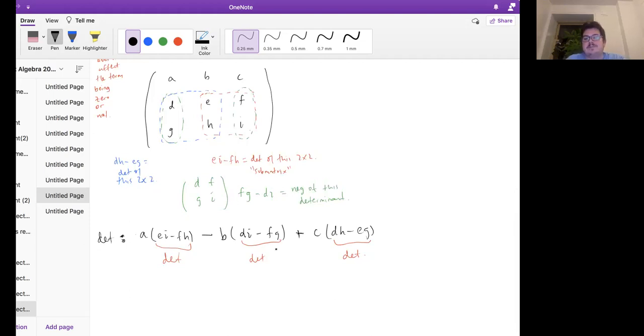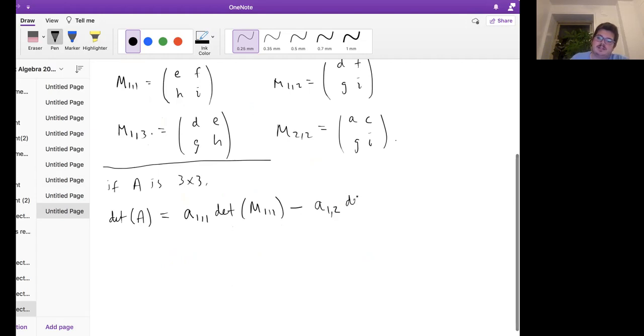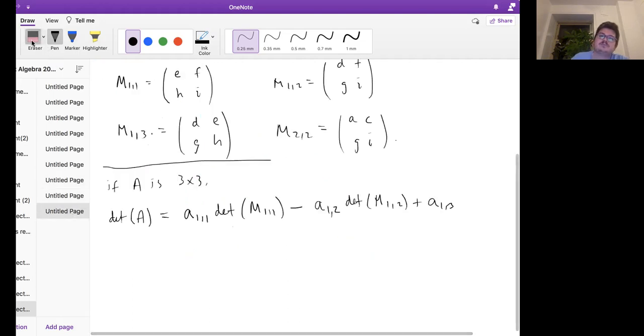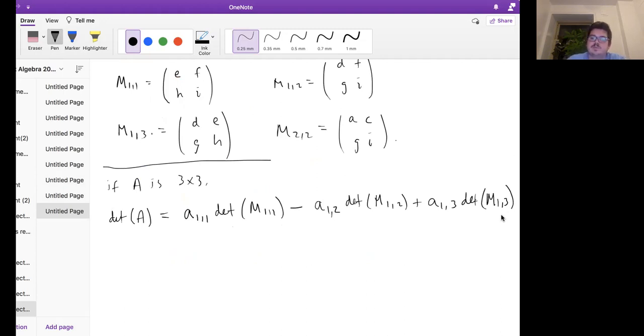What minor is that? 1,2. So that's a pretty nice formula. And then we have A13 times the minor of 1,3. So very nice. So that's our formula.